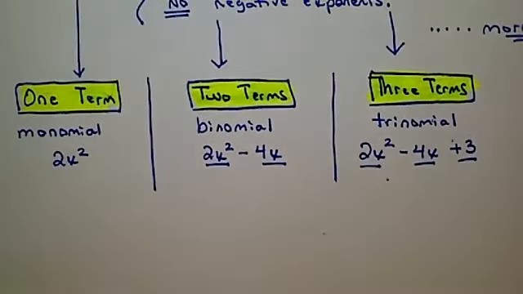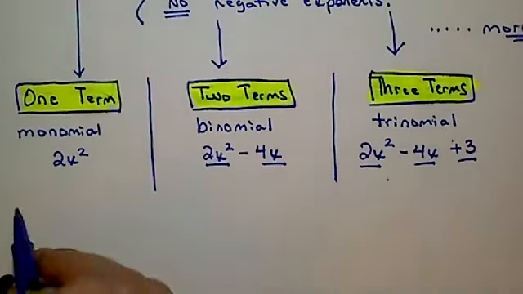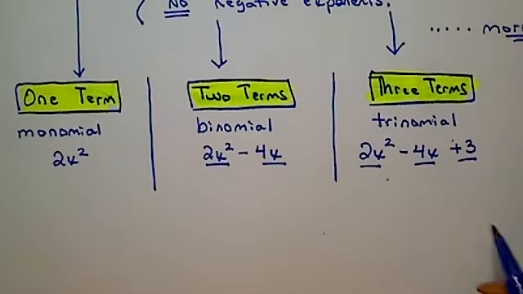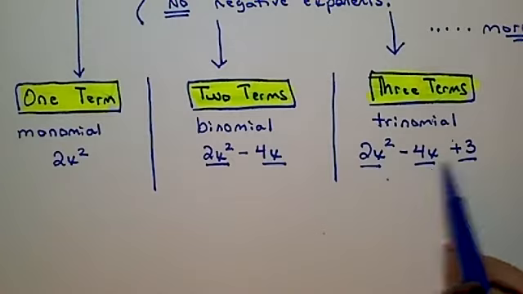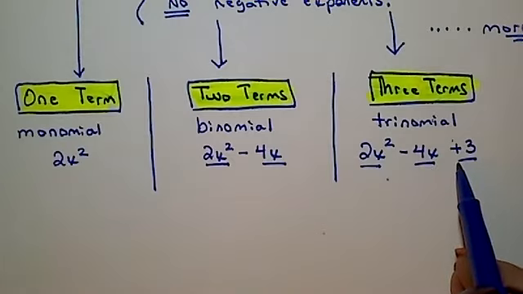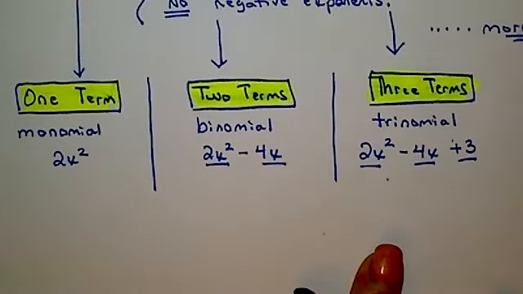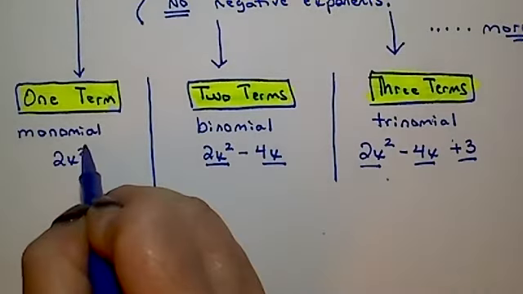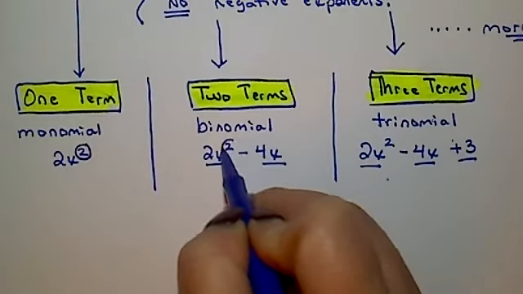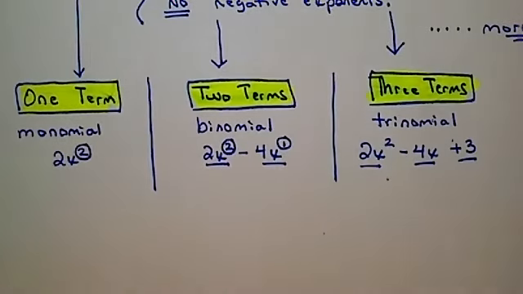So each term is going to be separated by a plus or minus sign, and they cannot be alike, okay? So that is after you simplify. So notice that this has no like terms that can be put together. So these are not alike, okay? Now, the exponent is what I was talking about and how it goes from your highest down.